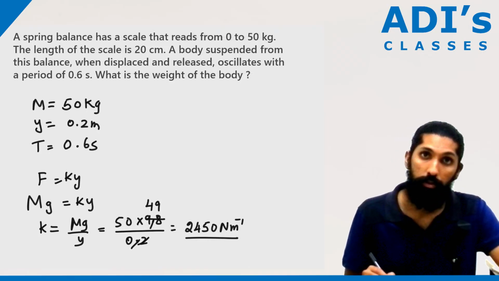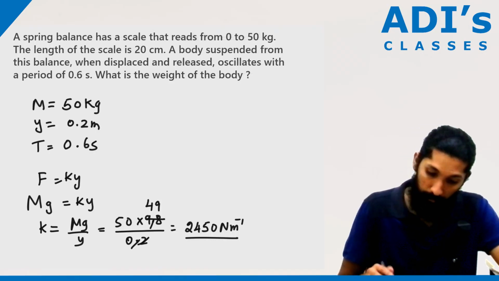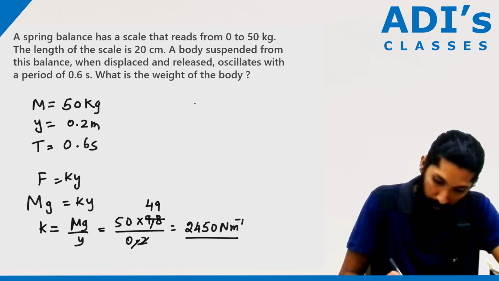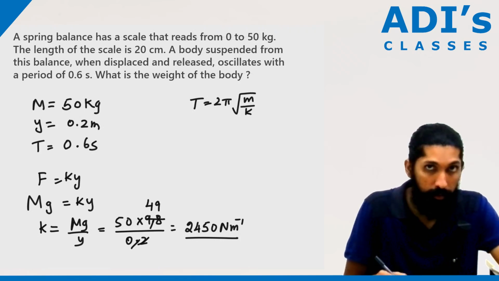Now what do we do? We are going to take the next formula, that is T is equal to 2 pi root m by K. Now m is what is required.